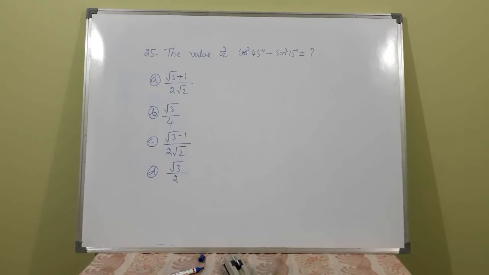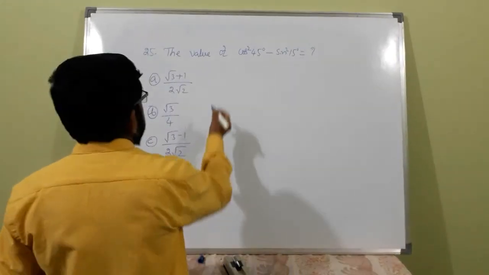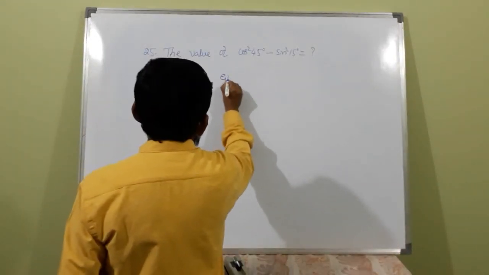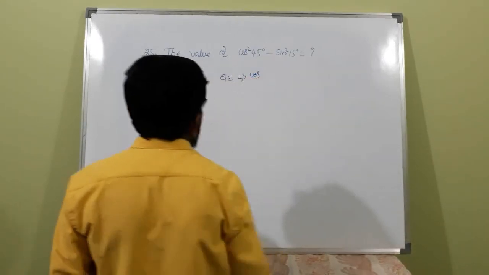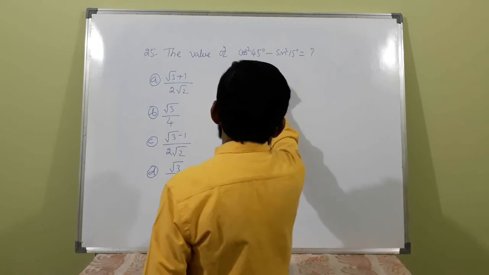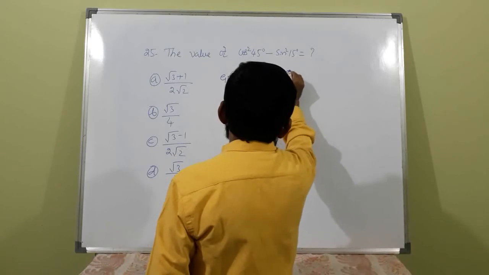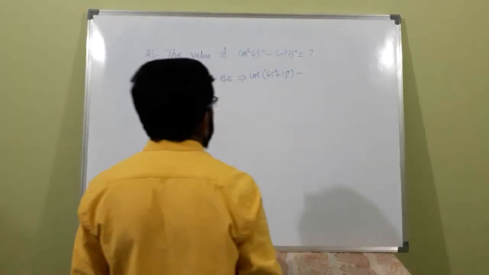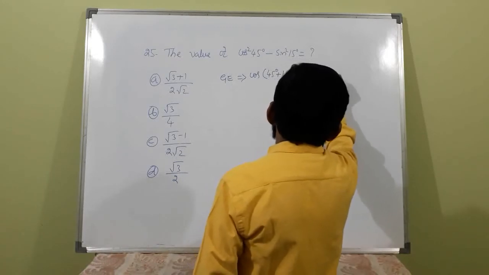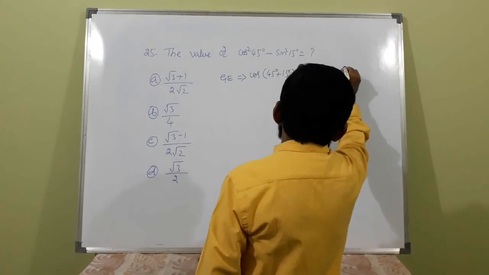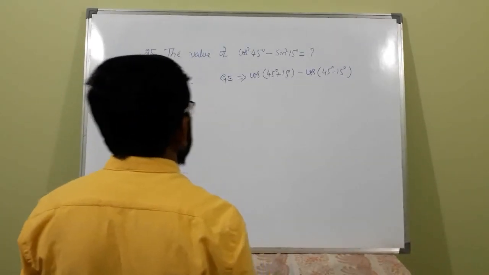Again, this is another standard result. See, the given expression implies cos of x plus y, that is 45, plus cos x minus y. What is that?